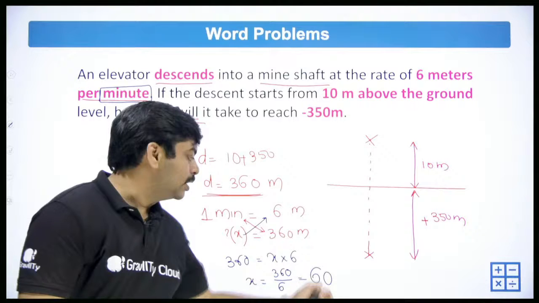So it is minutes. So 60 minutes it will take to travel till minus 350, which is equal to 1 hour. 60 minutes or 1 hour, both are the same. That is the total time it is taking to travel all this distance.